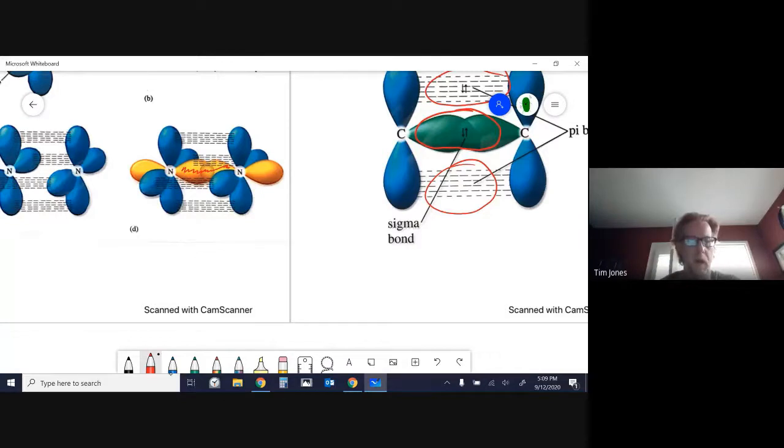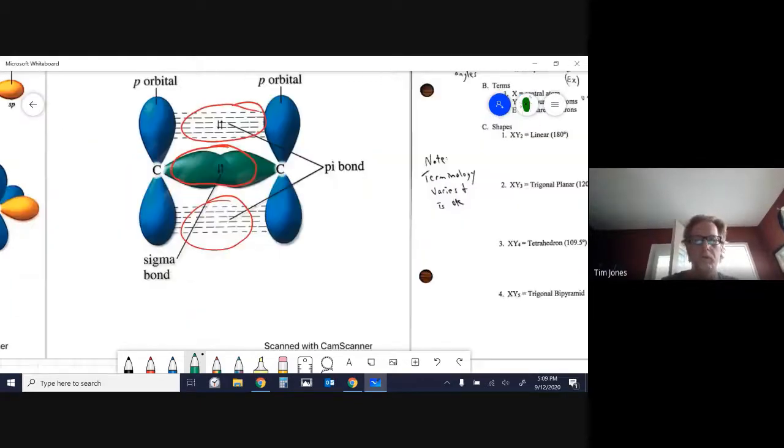And then one of the pi bonds, let's use green, is here and here in the back. The other pi bond is in the top and in the bottom, like that. Which makes sense because, of course, N2 molecule has a triple bond.